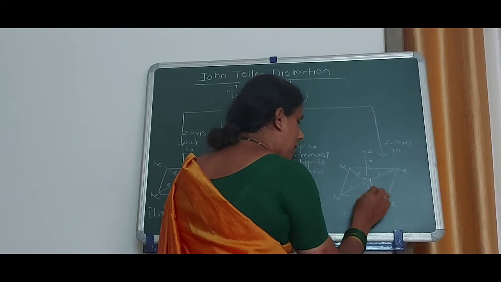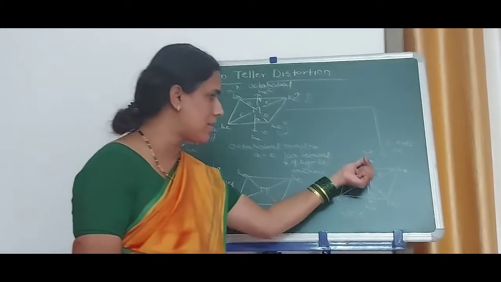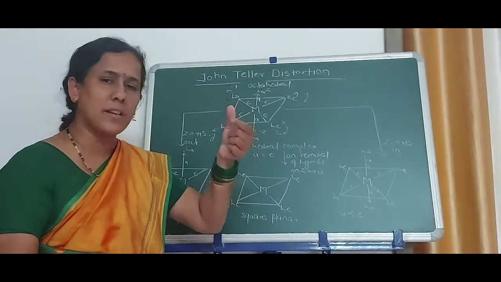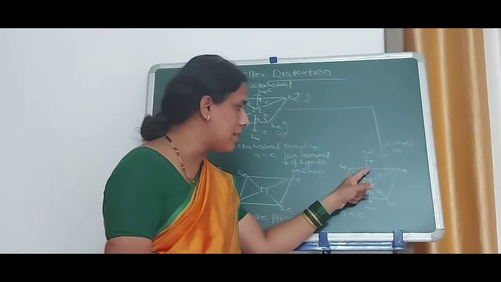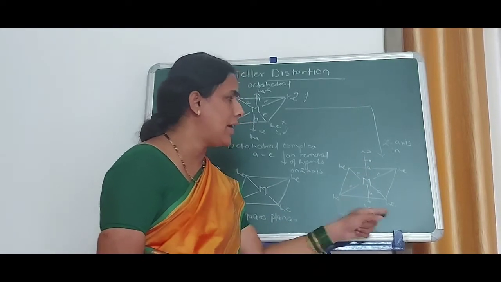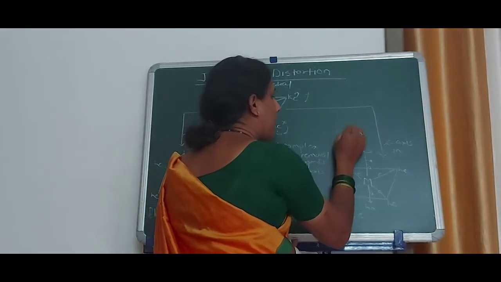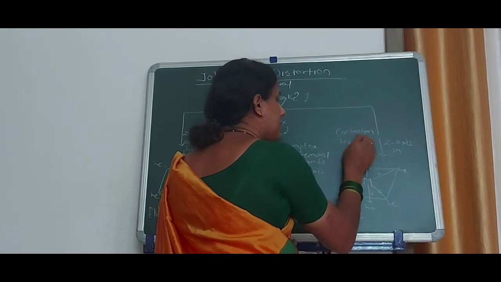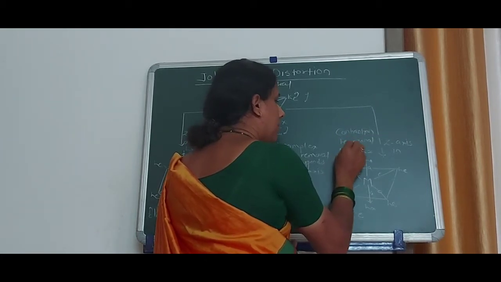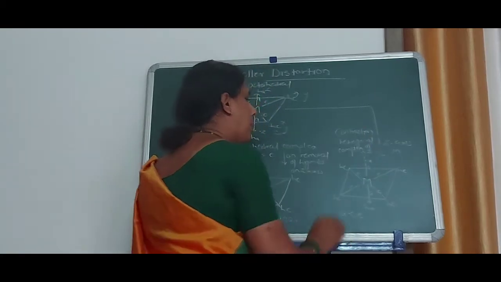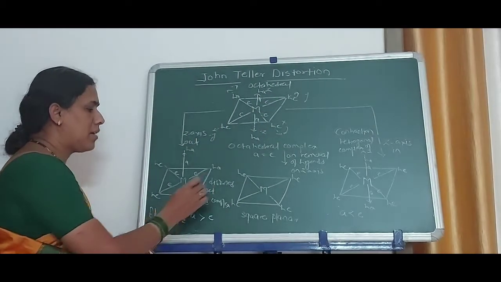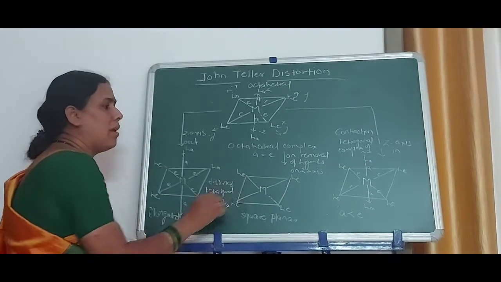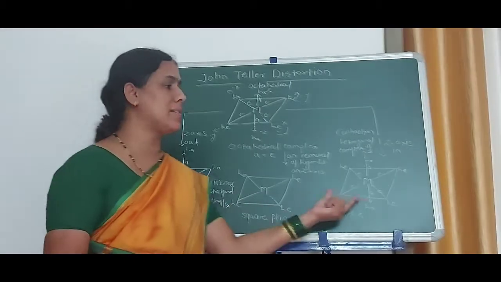These are the axial ligands, that is, two ligands trans to each other on the Z axis. They get contracted, and the distance between the ligands and the central metal ion gets shortened. This bond length gets lowered, and there is formation of a contracted tetragonal complex. Here also it is an elongated, distorted tetragonal complex.